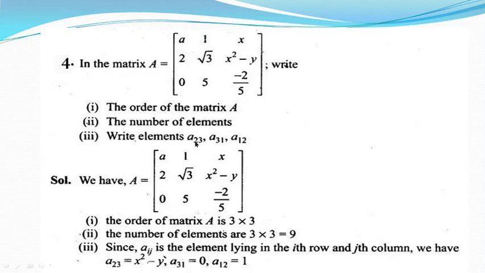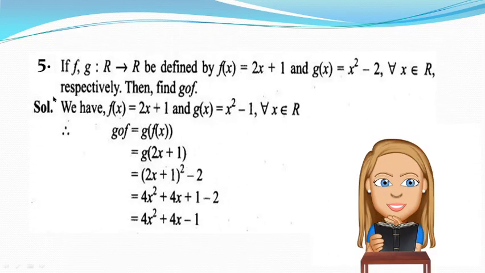And write the element a23. a23 means second row and third column. a23 is x square minus y. And we have to find a31. Third row and first column. This is 0. And the last one is a12, first row and second column. The element is 1.